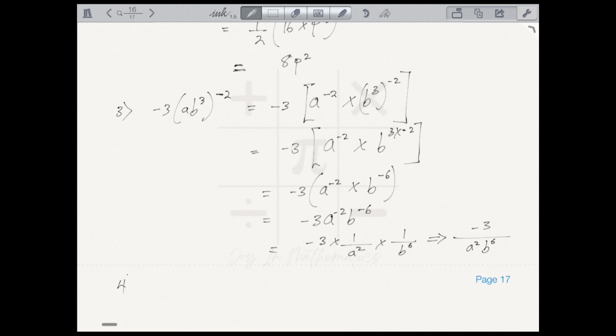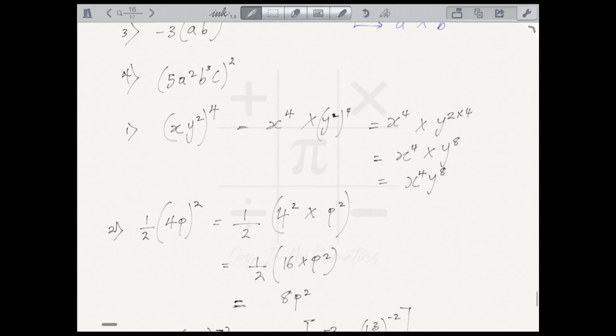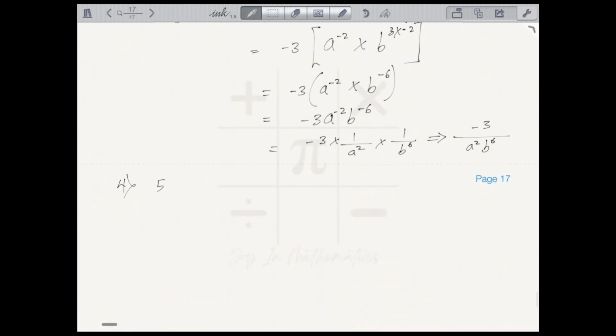And finally, the last question for this lesson, we have 5a squared b raised to the power 3c all squared.